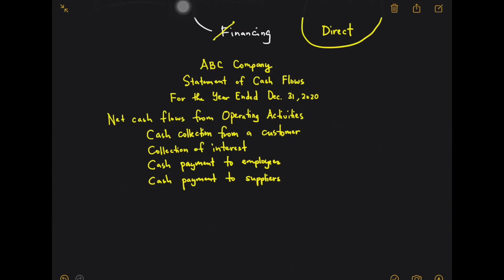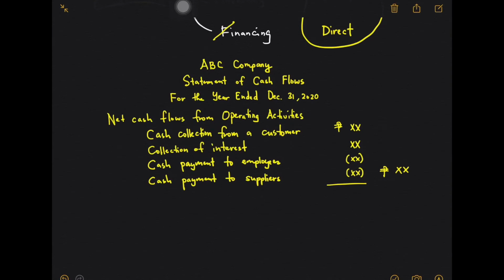So you will write it here. For the first amount, you will write a peso sign. And then for the last two, you will enclose it in a parenthesis, meaning it's to be deducted. And then write the total beside the last amount. Let's say your receipts are higher than your payments, so you will have a positive value. And that's it for the net cash flows from operating activities.